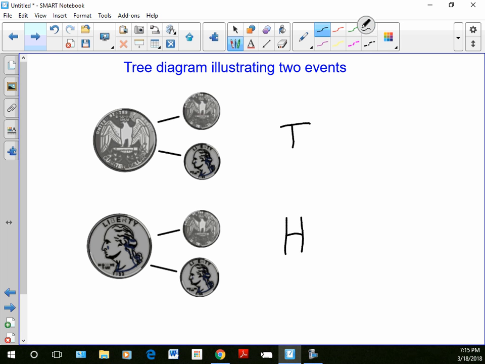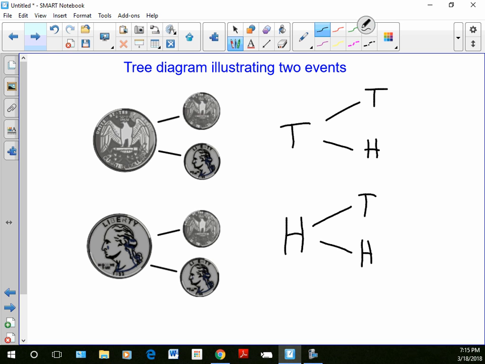The second time we flipped the coin, let's say you flipped the first coin that was on tails. The second coin could land on tails, or the second coin could land on heads. Same thing for if you flipped the first coin that landed on heads, the second coin could land on tails, or the second coin could land on heads.